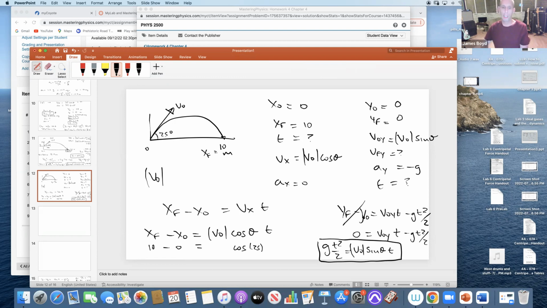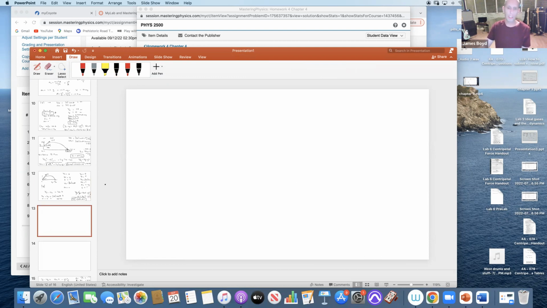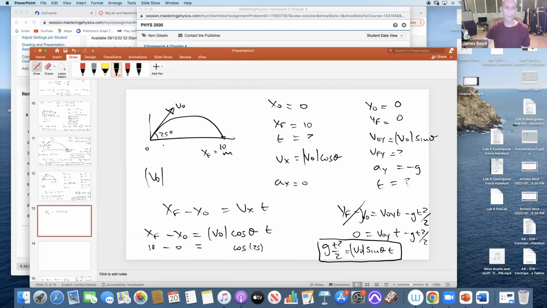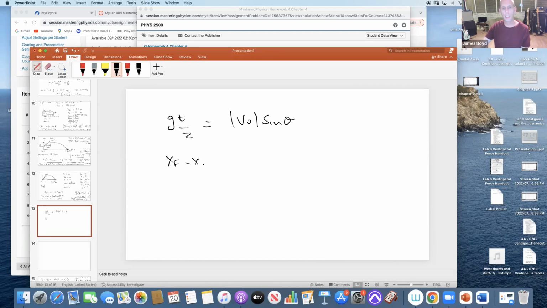Now I want to solve for v naught sine theta, but I don't know t. The other equation I had was x final minus x initial is v naught cosine theta times t. From those two, I'm trying to find v naught.